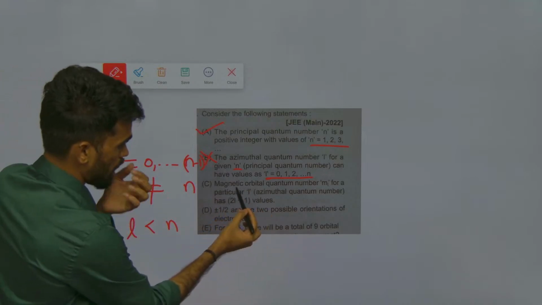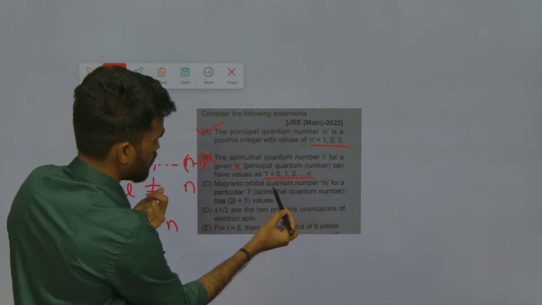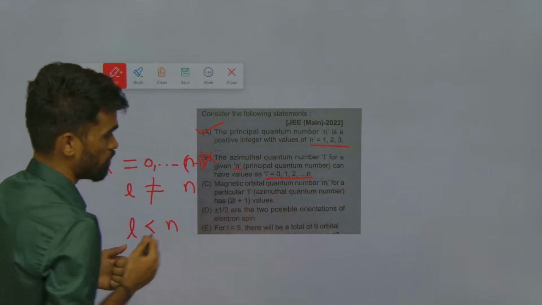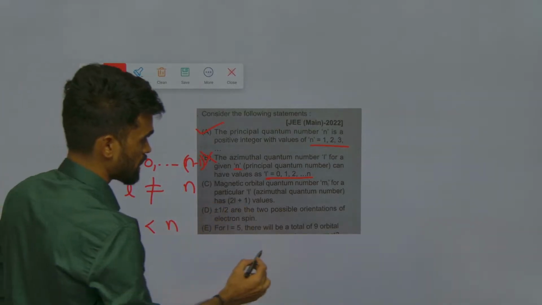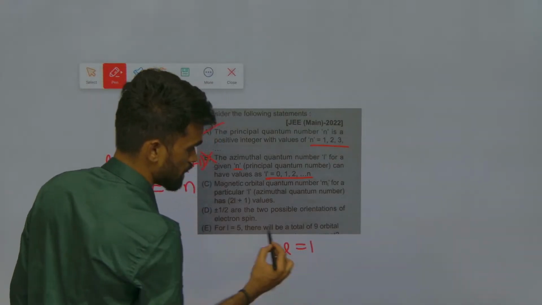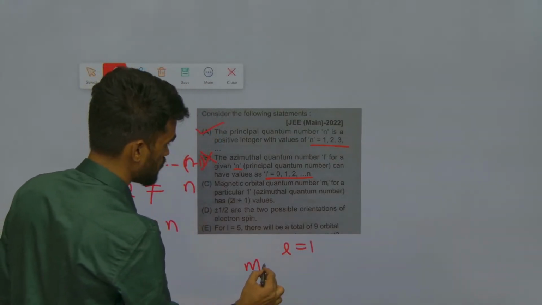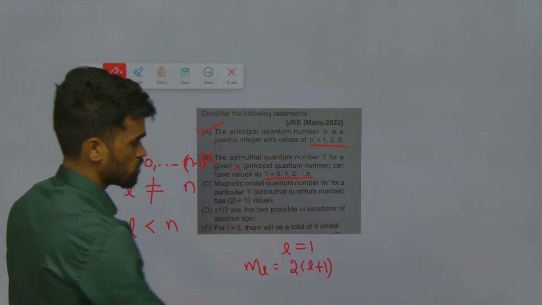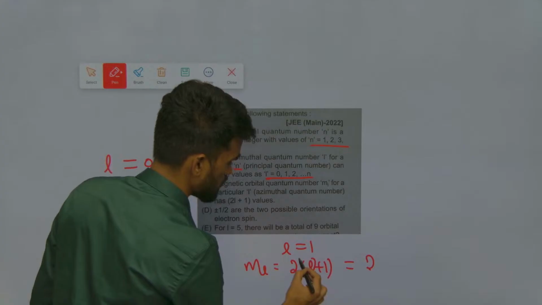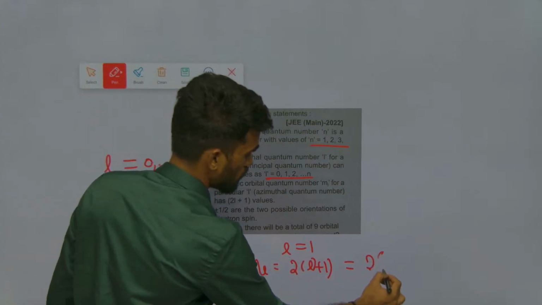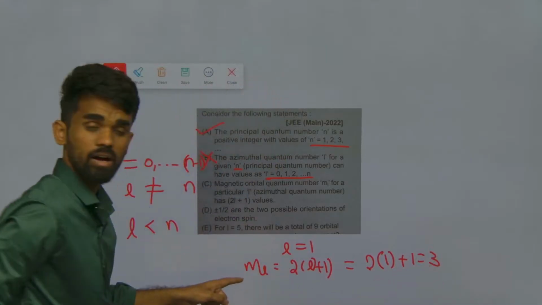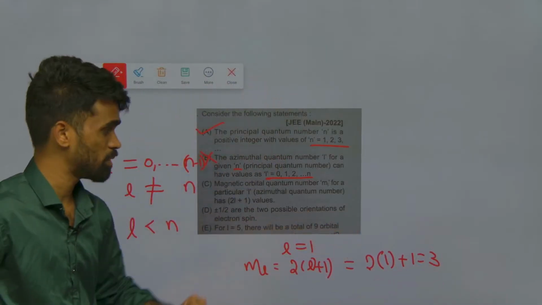Next, the magnetic orbital quantum number ml for a particular l has 2l plus 1 values. That is correct. For example, if l is 1, what are the ml values possible? We take 2l plus 1, so 2 into 1 plus 1 is 3. The magnetic quantum number values are 3.